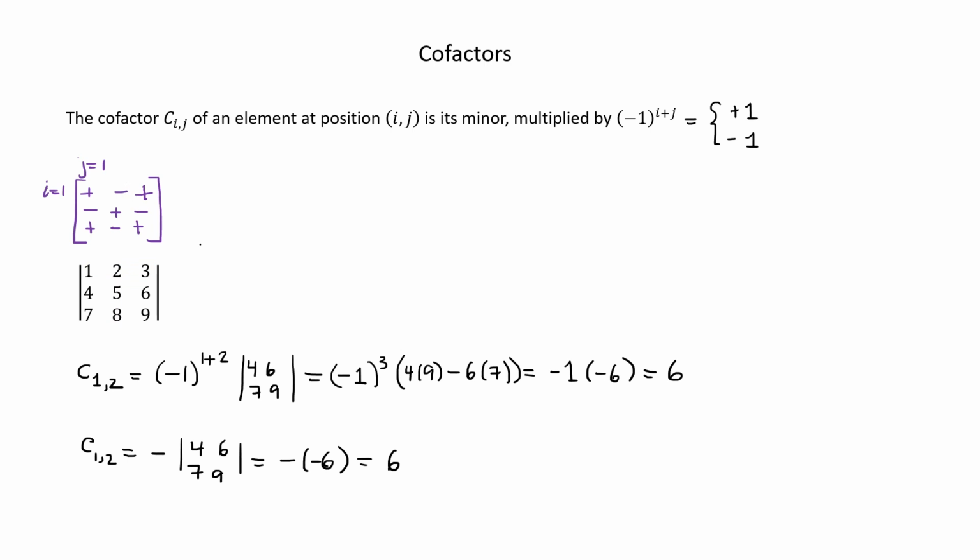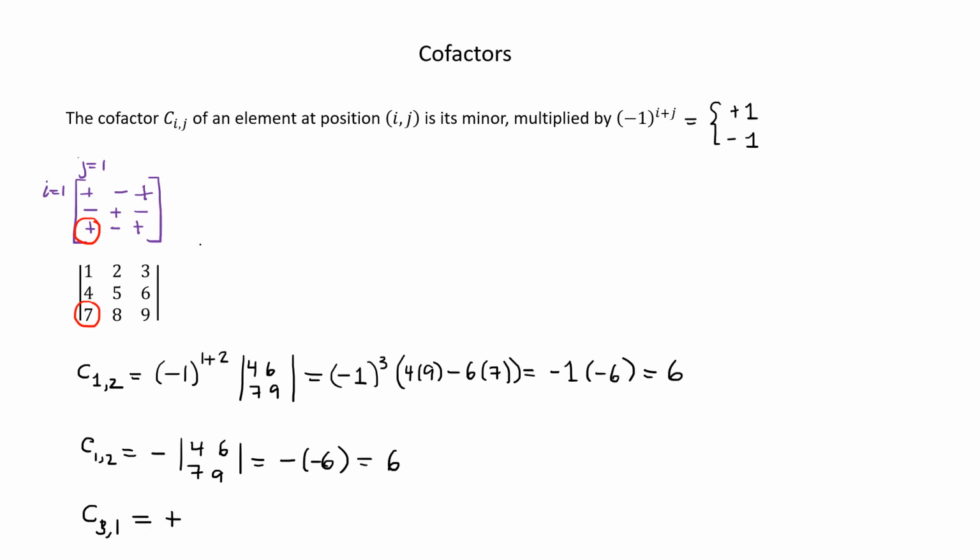It's a little silly. We're going to calculate the cofactor of the element 3, 1. So we find this element 3, 1, that's the element 7. What I'm going to do is find the minor of 7, and I'm going to multiply it by a +1.